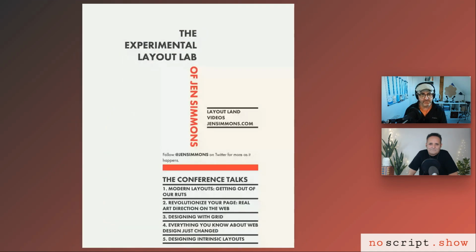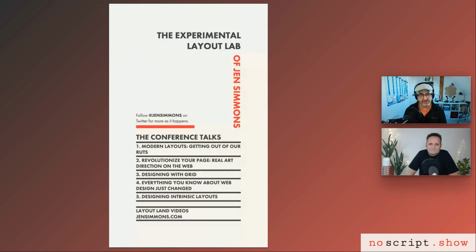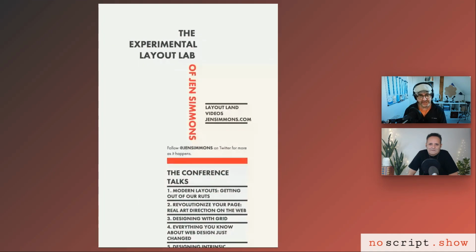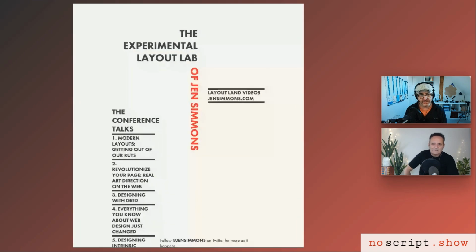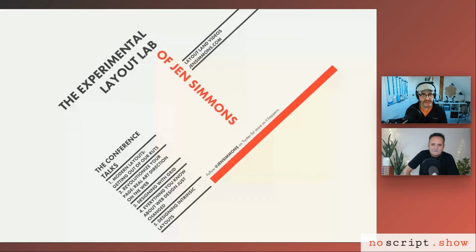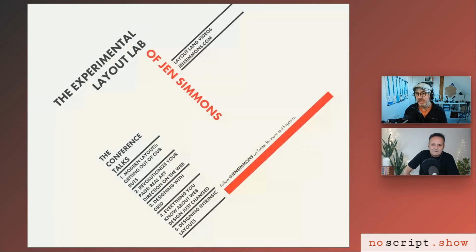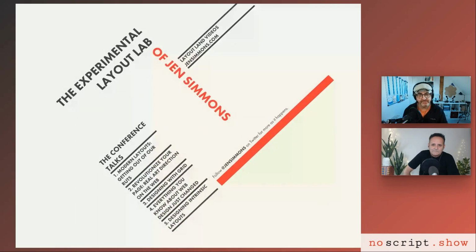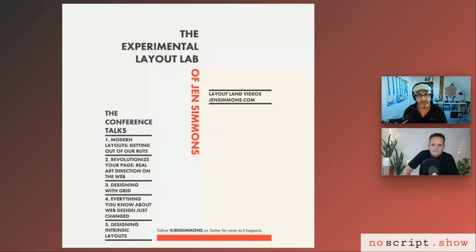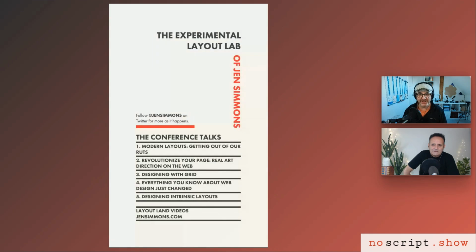And as we can see, it's just so smart. It dramatically changes the way it looks based upon the design. And if you're watching the video, you'll be able to get an impression of that. But yeah, go to labs.jensimmons.com and just play with the width of the viewport, and it's so clever. I love it.